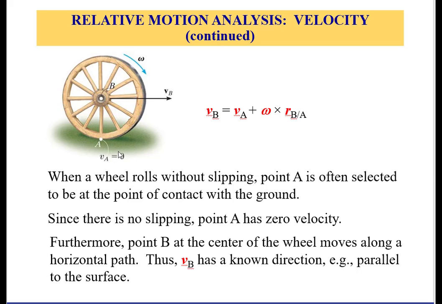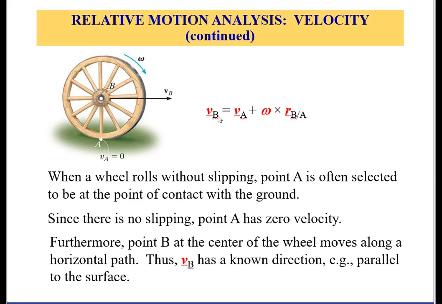Now, to use the relative motion analysis velocity, we can choose B as a base, and we want to calculate the velocity of B as seen by A plus the angular velocity omega cross the position of B as seen from A, right?